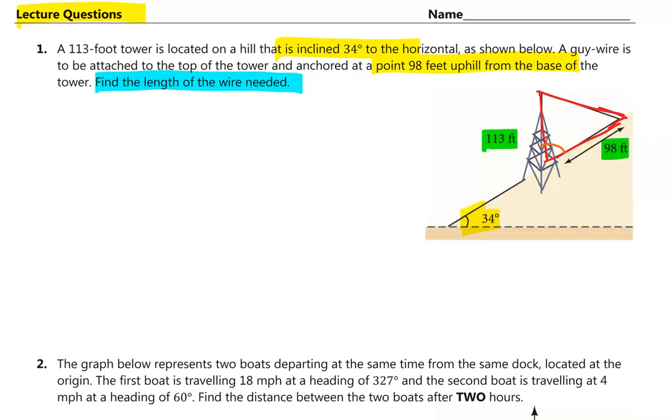So just think about this. If this is a right angle, so meaning this is 34 degrees, and since this is a right angle, 56 plus 34 is equal to 90, so we can say that this is 56 to make it a 90-degree angle.